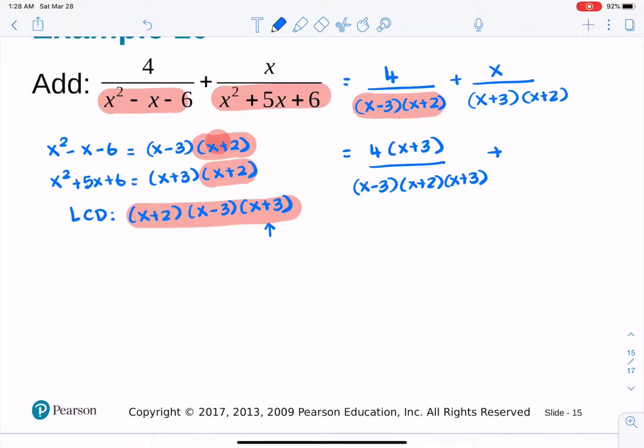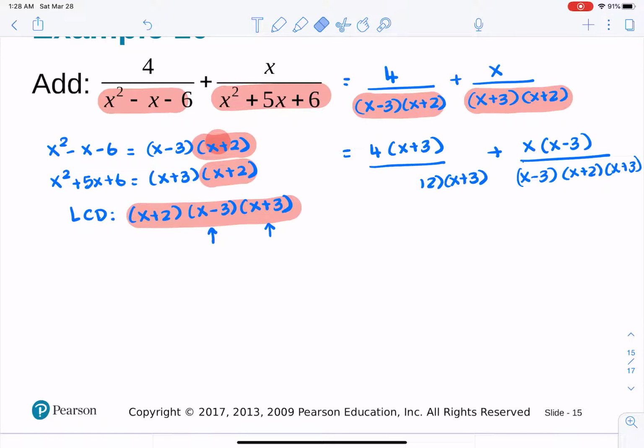Likewise, the second denominator here is missing x minus 3. So I am going to multiply and divide by x minus 3. If you observe, now both denominators look identical, and it corresponds to the LCD.